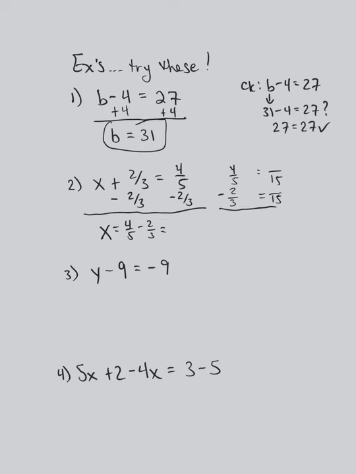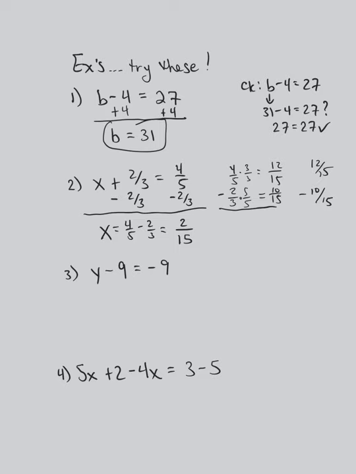I multiply the first one on the top and bottom by 3. That gives me 12/15. The second one, I multiply top and bottom by 5. I get 10/15. So I have 12/15 minus 10/15. I have my common denominator, so I just subtract the numerators. 12 minus 10 is 2, so my solution is 2/15.